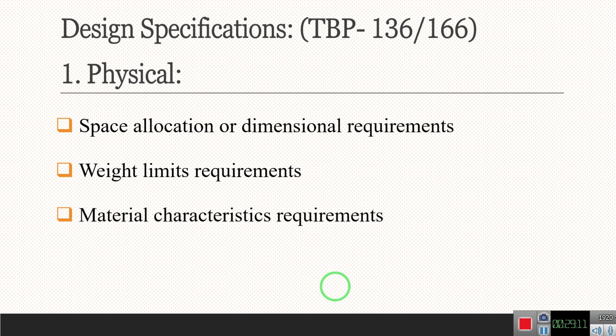Material characteristic requirements mean the material you are using for your product should be strong and rugged so that it will not get damaged easily. Energy or power requirements: if your refrigerator or AC uses more power and your electricity bill is very high, then it is not feasible and will not be accepted in the market. So energy and power requirements should be considered.